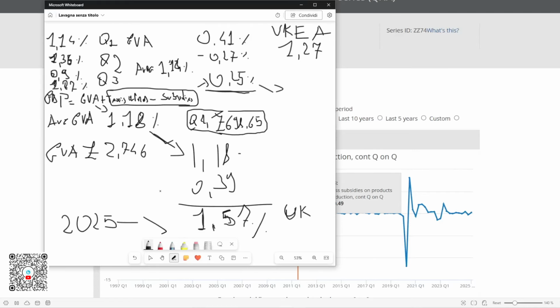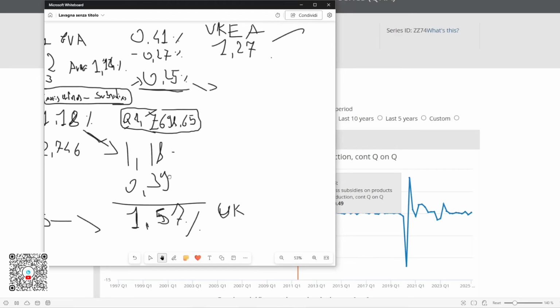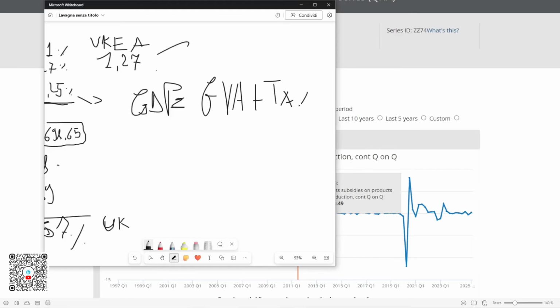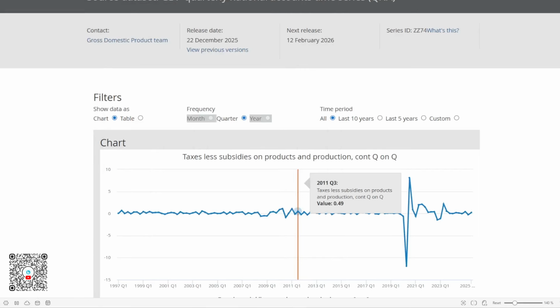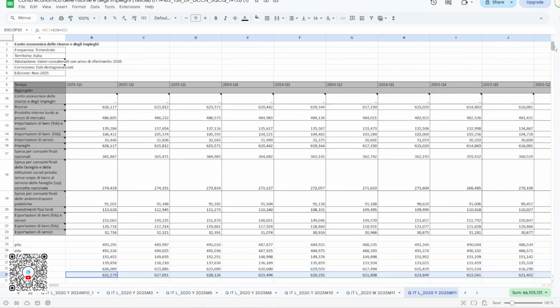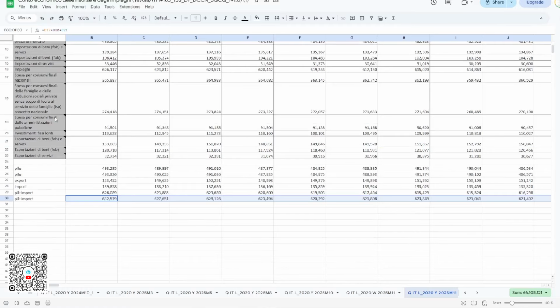Now, that's the gross value added method. Let's put it here. So GDP with the gross value added method is GVA plus tax less subsidies. Now, stepping aside that squiggle, let's go to Italy's numbers, and we find another thing.